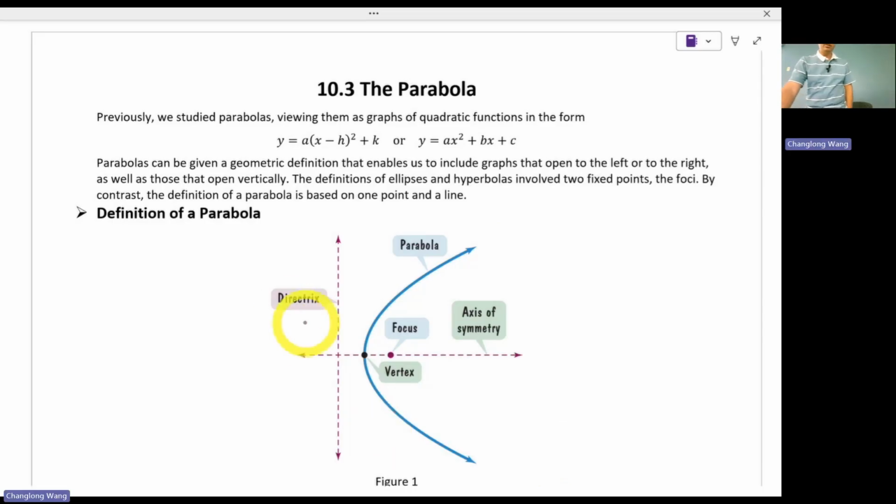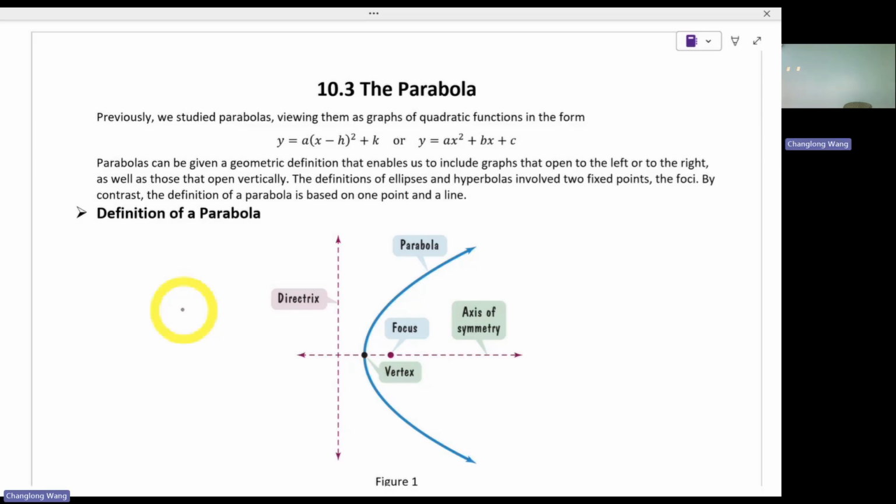But there's a weird guy called the directrix, which is a line, and that's actually a reference line. What's very strange about the parabola is that it needs two references to construct the curve, just like we need two foci for the ellipse and the hyperbola. But for the parabola, we need one focus, which is a point, and a reference line.